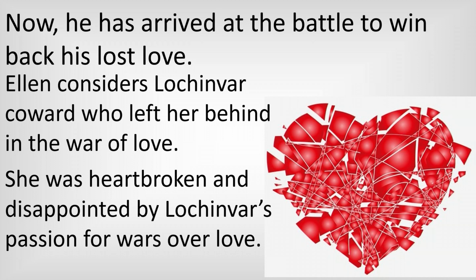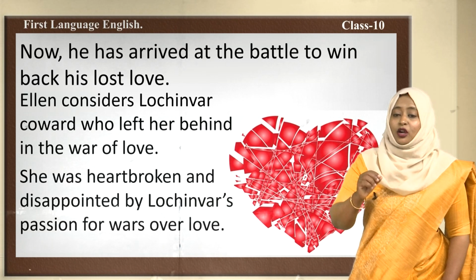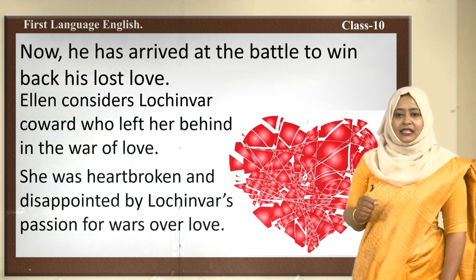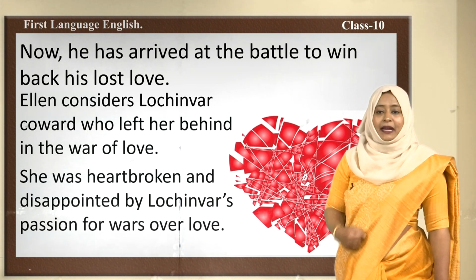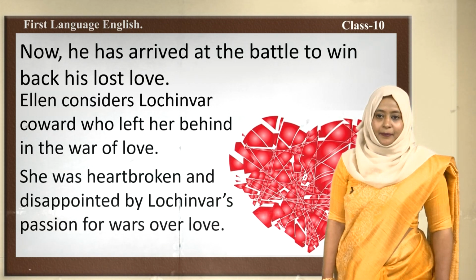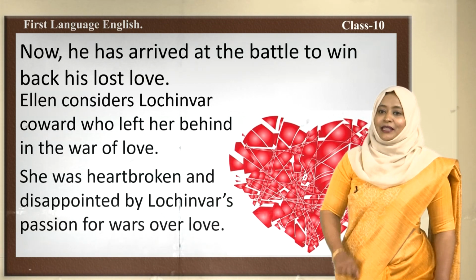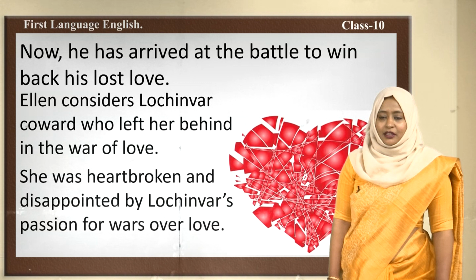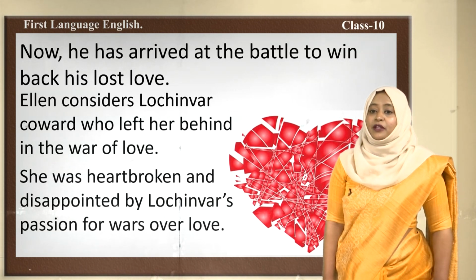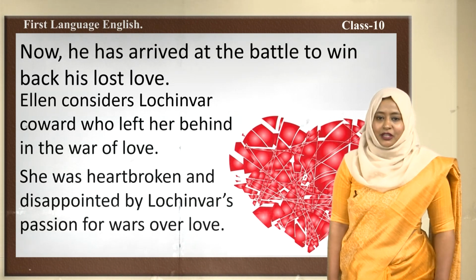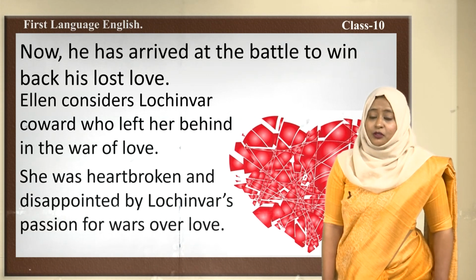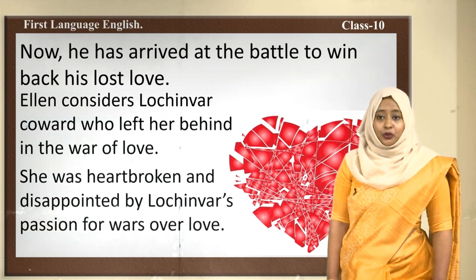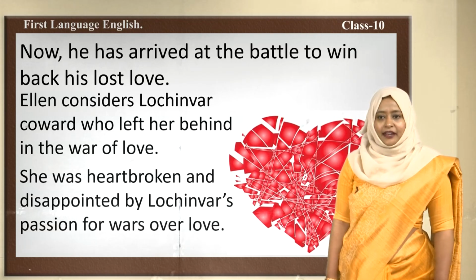Coward not for the reason that he cannot face anyone, but for the reason that he did not stand by her when she needed him, and he has lost in the battle of love. So here he has come to prove himself that I am not a coward. And Ellen is also disappointed that he chose war over love.